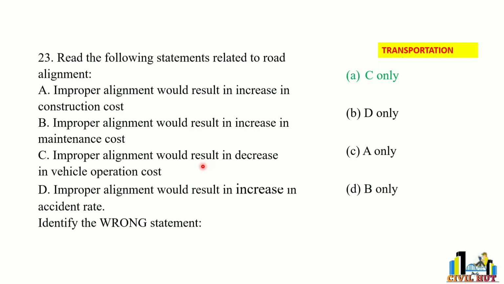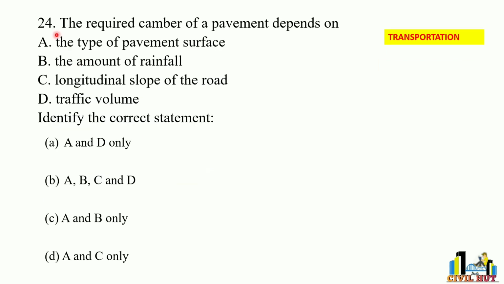Next question: the required camber of pavement depends on A type of pavement surface, B the amount of rainfall, C longitudinal slope of the road, D traffic volume. Camber means the slope across the road.